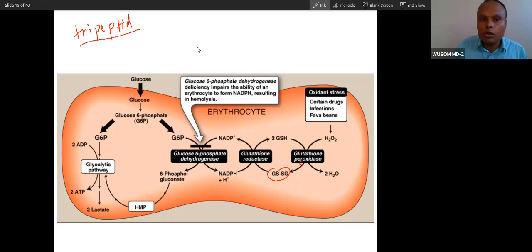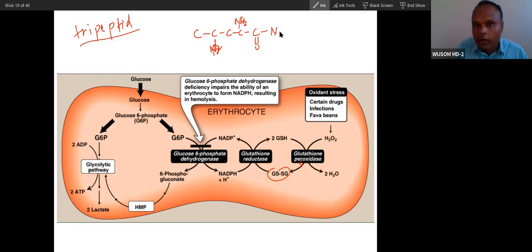How do you remember this tripeptide? It has glutamine, a 5 carbon compound: 1, 2, 3, 4, and then 5 carbon. One is an amino group, so you write an amino group here, and then O, and then an NH2 group here.